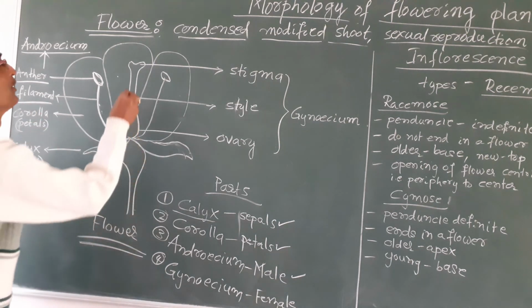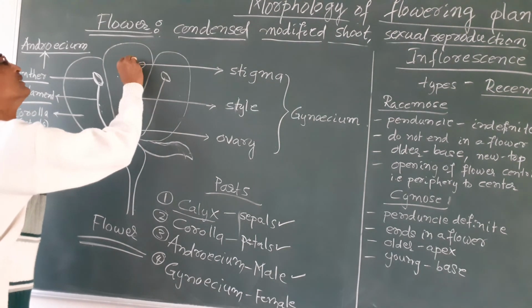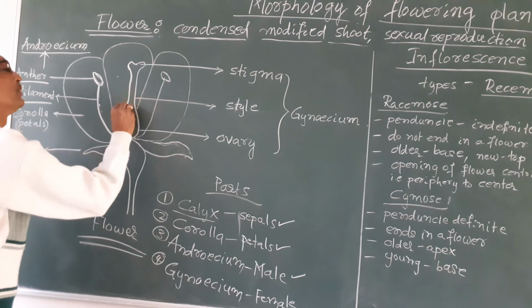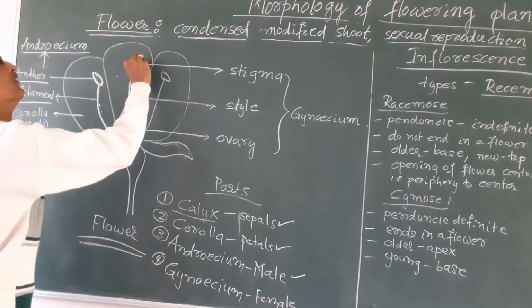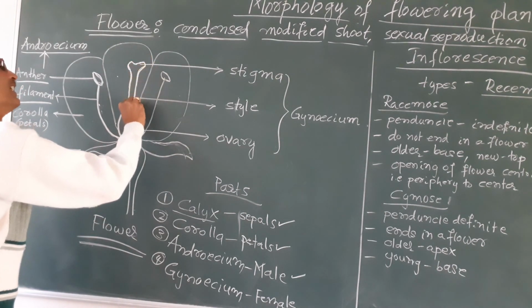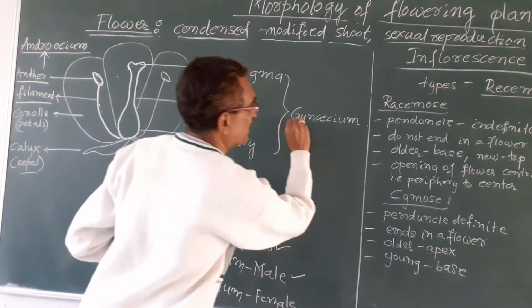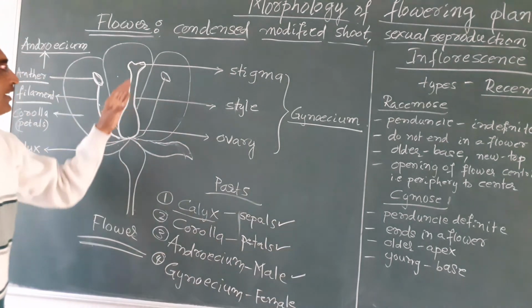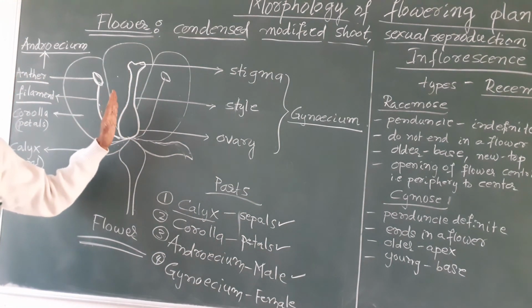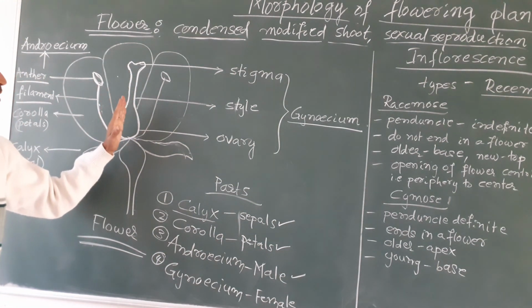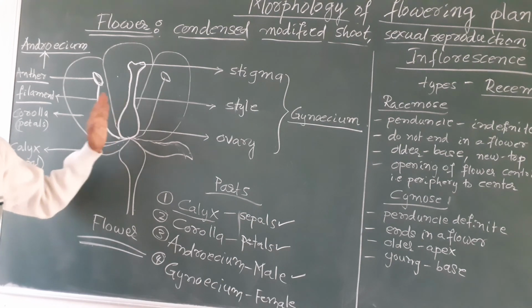And after that we have this structure in the innermost whorl of the flower. This whole part is called the gynoecium, the female reproductive structure, and it has three parts.